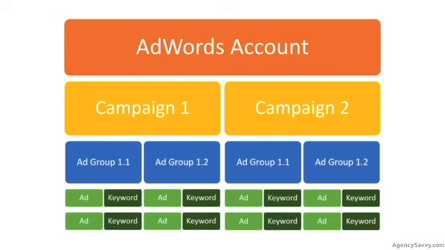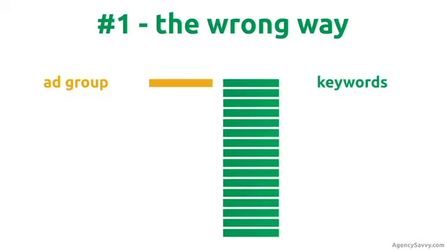Cool? All right, the wrong way to do ad groups is essentially one big bucket with a whole bunch of keywords in. Now, the reason this is wrong is there's going to be a lot of different types of keywords. If we have 100 keywords in one big bucket, we can't possibly show the best ad to each of those people. They're all searching for different things, probably quite big differences in those things. Again, let's just stick with the Samsung TV and the Sony TV.